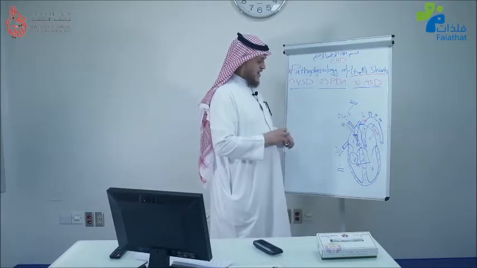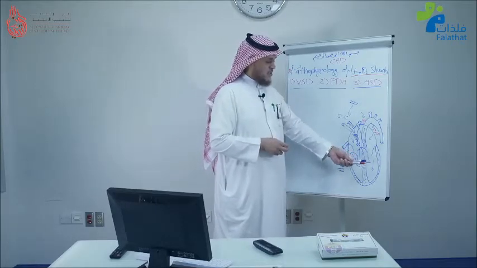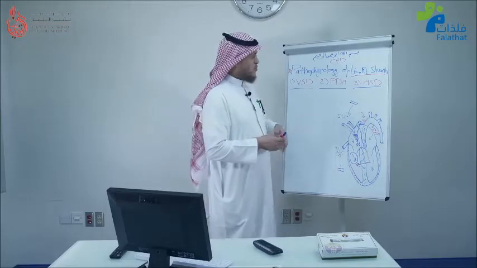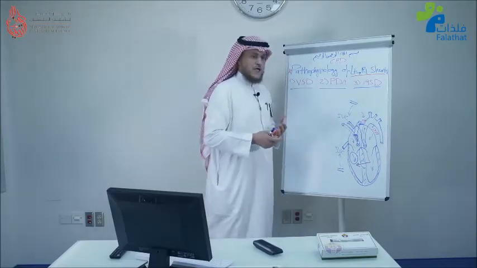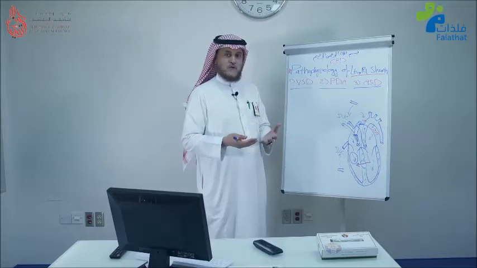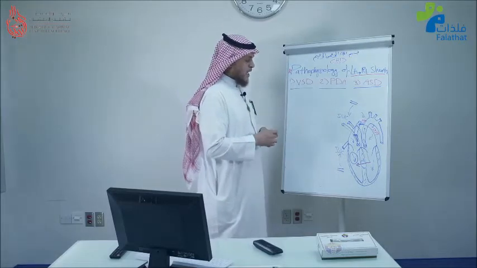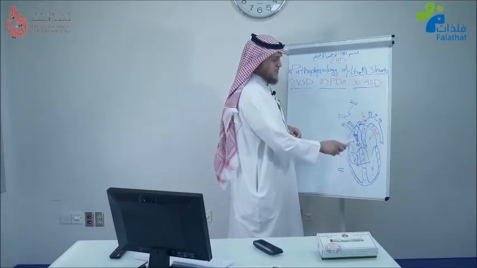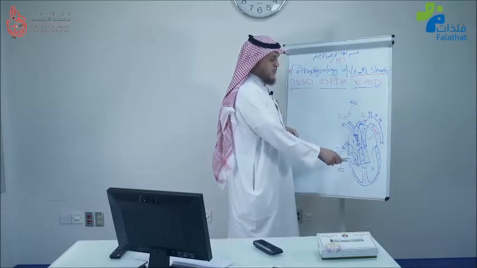So what would they have? This is now extra blood going to the pulmonary arteries. I'll take you step by step so you can actually guess or know the pathophysiology by yourself. If there is more blood going to the right side, let's start from the right ventricle.